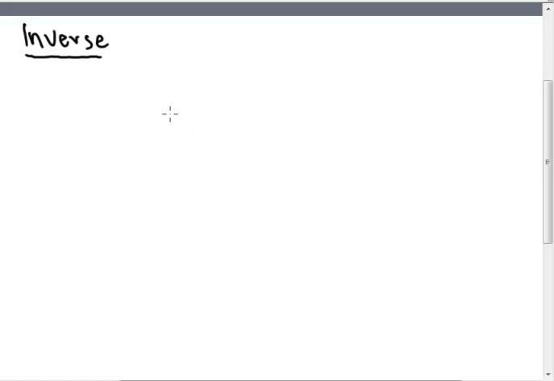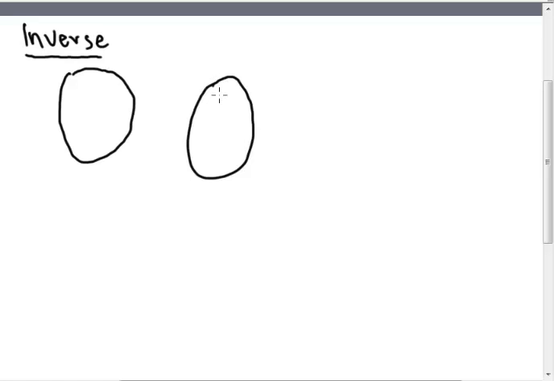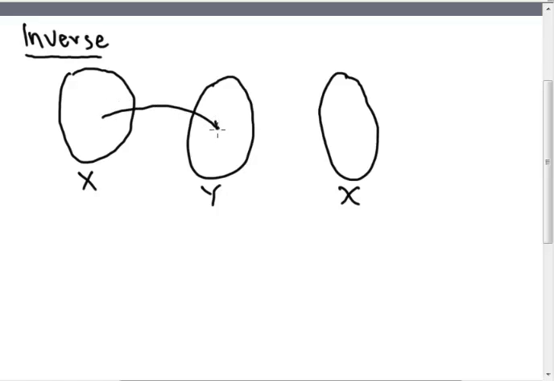Okay, so now, let's say we've got a function there, a set, a domain of a function, and another set there, a domain of another function. Let's say this is x, and this is again x, and this is y. Now, let's suppose f is doing that there.